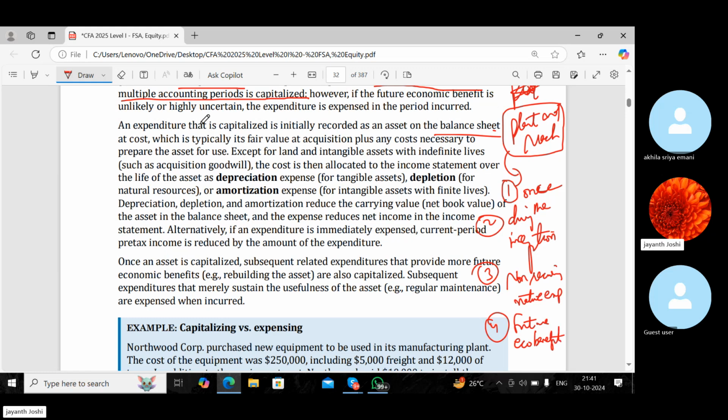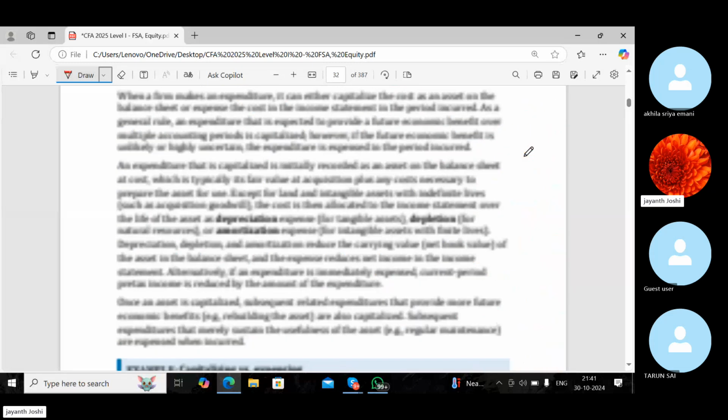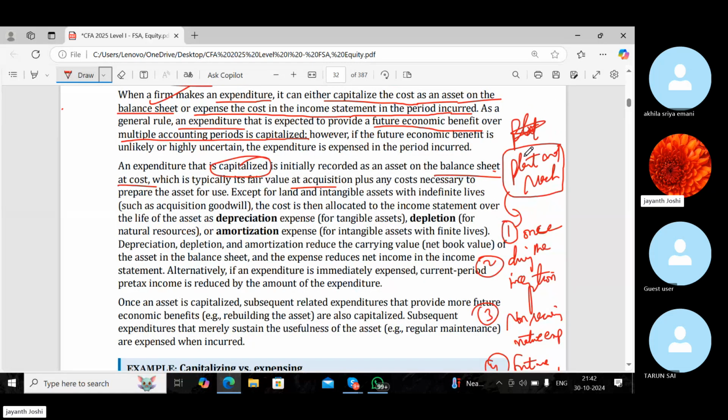That's what they said. An expenditure that is capitalized is initially recorded as an asset on the balance sheet at cost, which is typically its fair value at acquisition. Yes, when you purchased an asset, you made some payment to buy that asset, and that is nothing but the market value as on that day, or fair value as on that day. Okay, for you it is cost, but for the other person it is the selling price or the fair market value they want to collect.